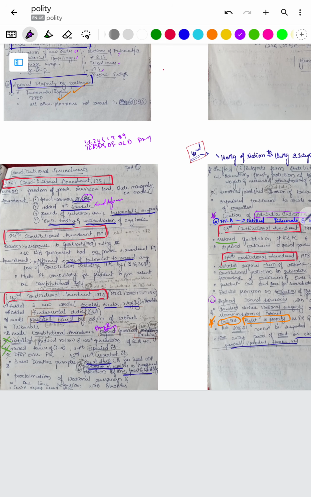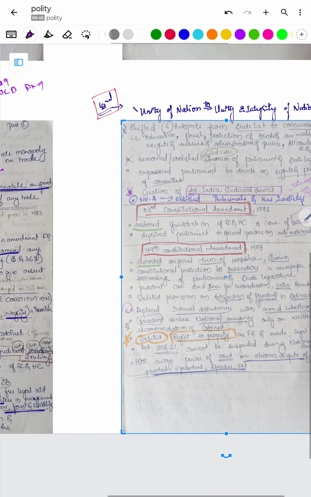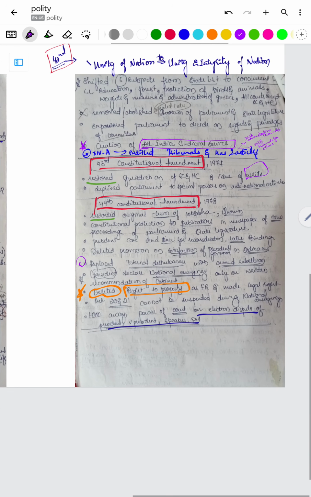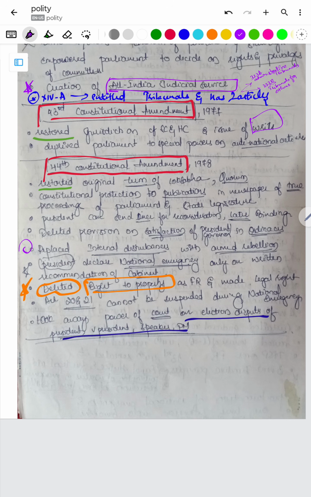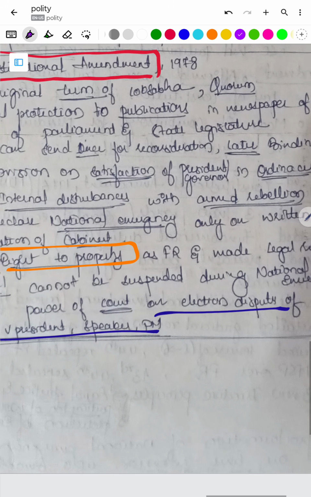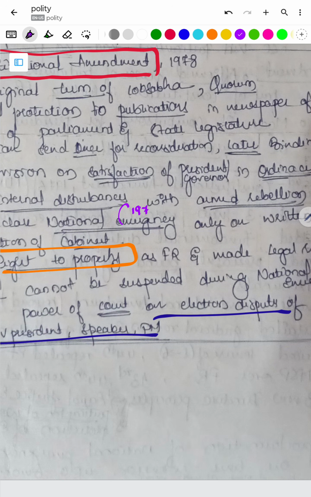Yeah, see, in this period only, like 1975, there was a national emergency. Thus, these all changes came in. Because national emergency was held in 1975 June.